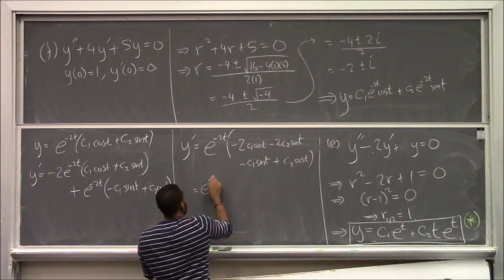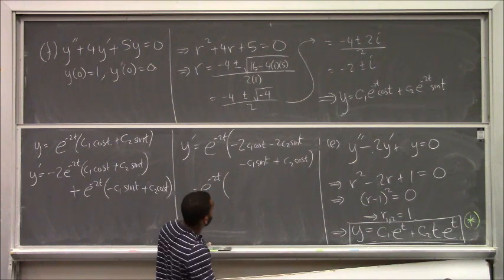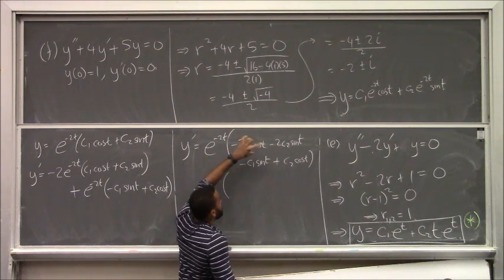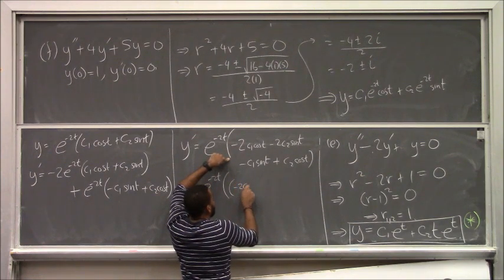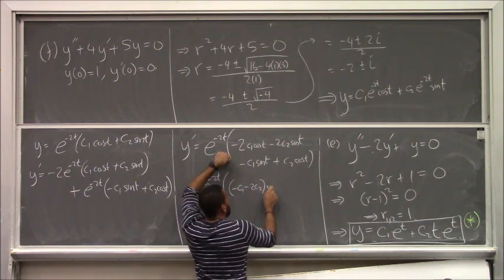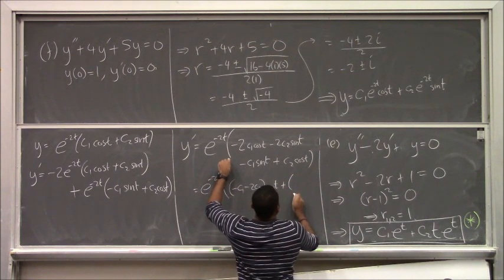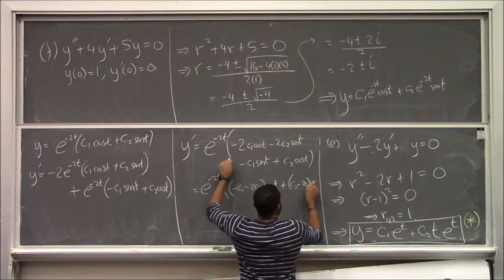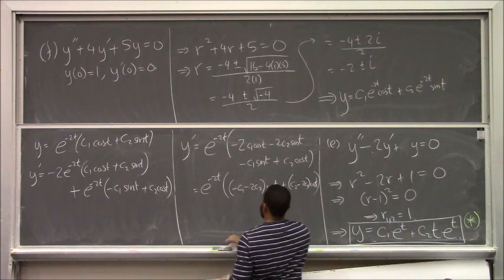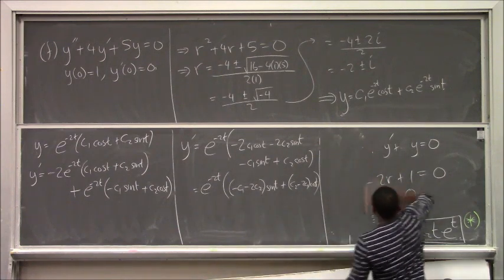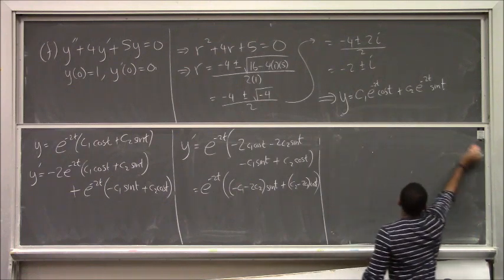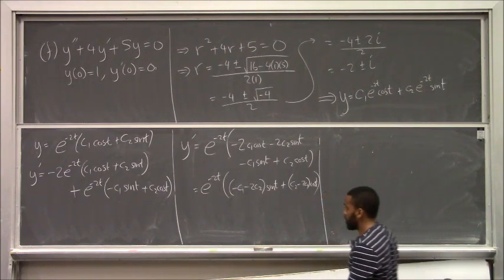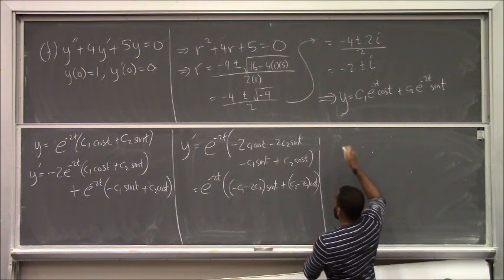In other words, I would have e to the minus 2t times, we can combine the signs, I guess. So that's going to be minus 2, minus c1, minus 2c2 times sine, plus c2 minus 2c1 times cosine. So you can just cancel it out. Sine 0 is 0. So that's just c2 minus 2c1.